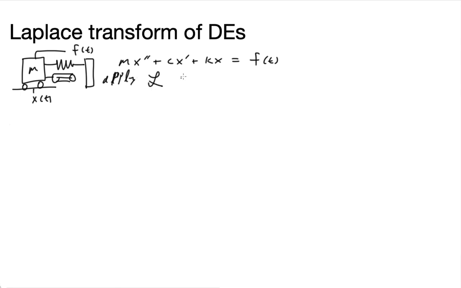All right, so I'm going to apply the Laplace transform to the DE. And recall that the Laplace transform is linear. Okay, and that means that it'll pass through sums and scalar multiplications.